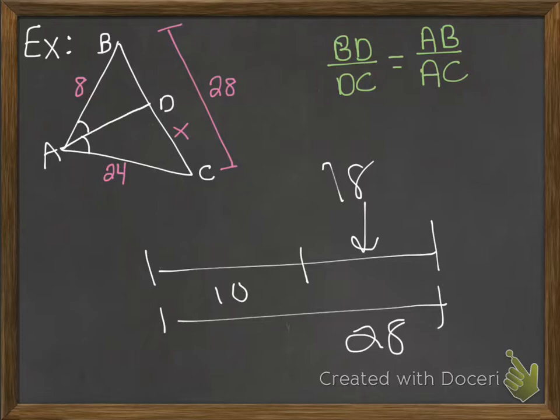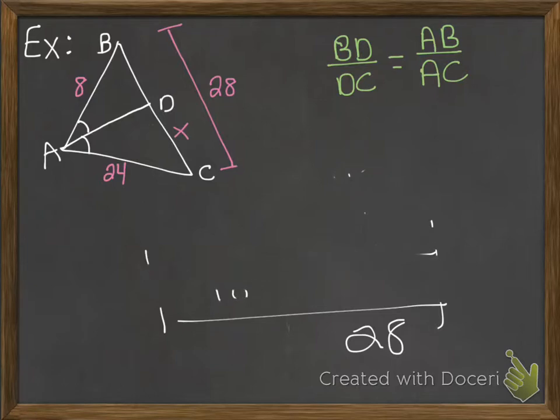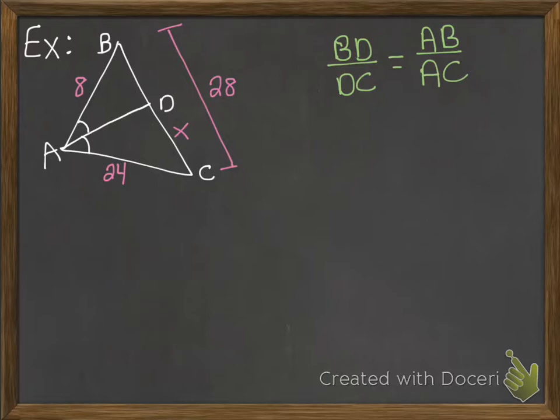All right, so let's forget about this really quick. If I'm looking at BD here, at just this segment, how am I going to find it? Think back to the one we just did. If I had 28 and I had 10, what did I do to get the other segment?